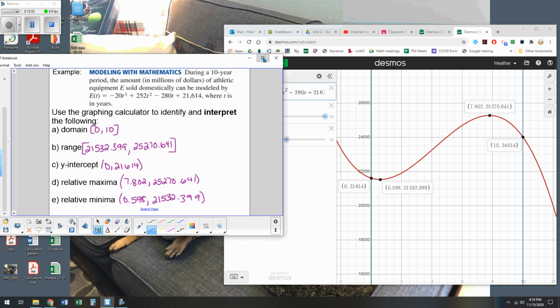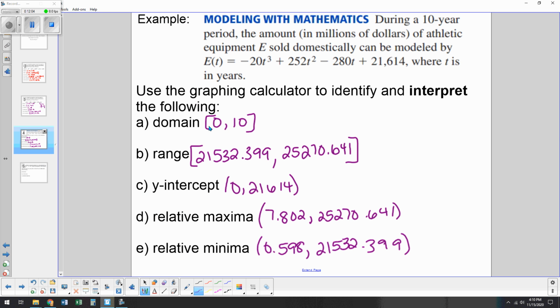So now let's talk about the interpretation. The domain from 0 to 10 means we're only looking at years 0 to 10. Let's go in a different color for the rest of these.